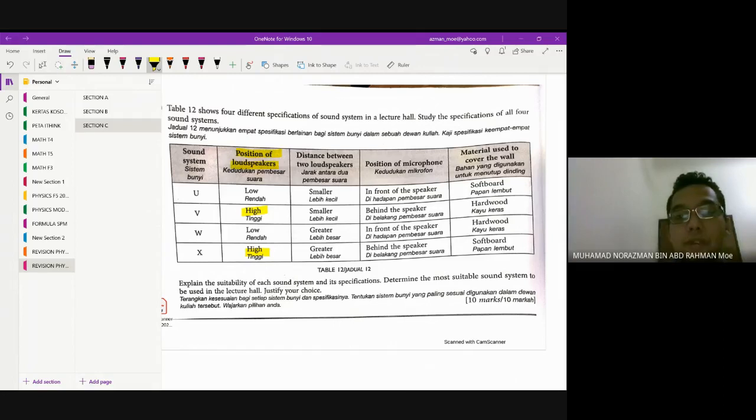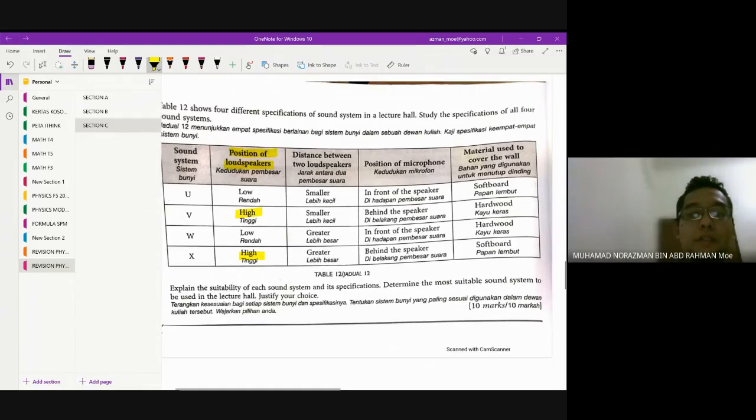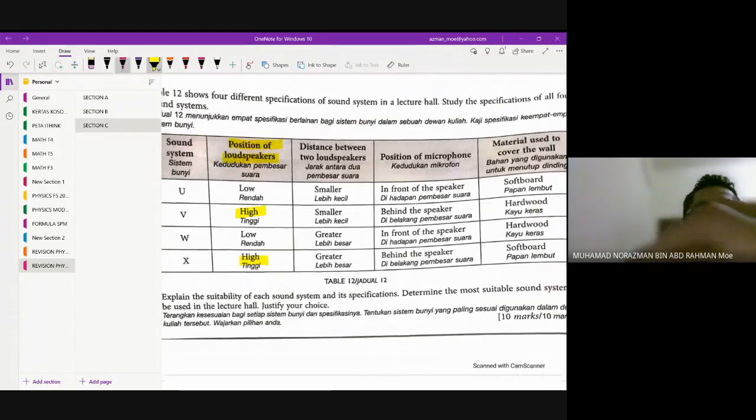Distance between two loudspeakers. So this one, remember, what we want is for the value of X to be very small. I explained this in class already. We want the value of X, meaning the distance between two loud sounds, to be very small.